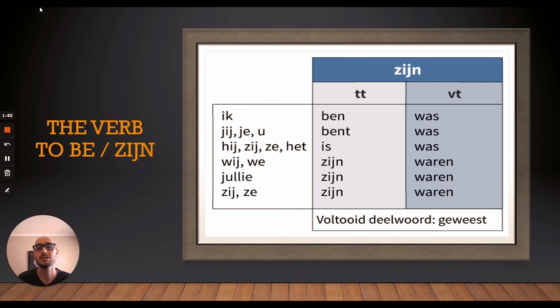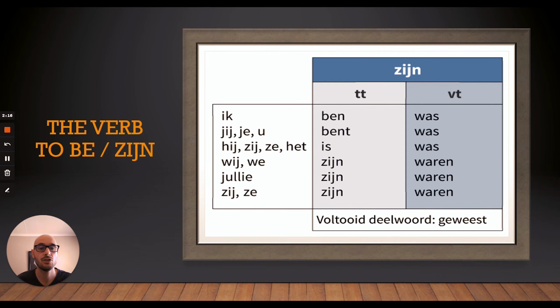Okay, so we'll start off with the verb zijn. Zijn, to be. So what are you seeing in front of you? Well, basically this table is the verb to be. In the dark blue color on top you see zijn, which is to be, and then on your left hand side in the white column you see the personal pronouns.